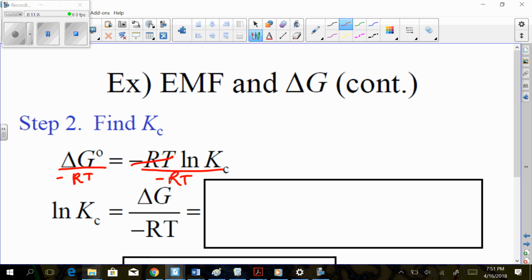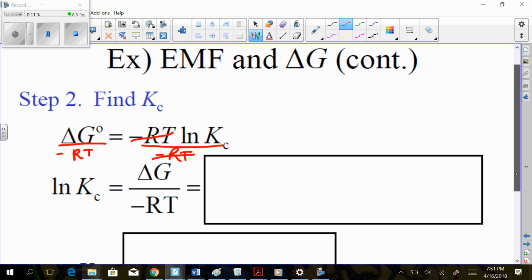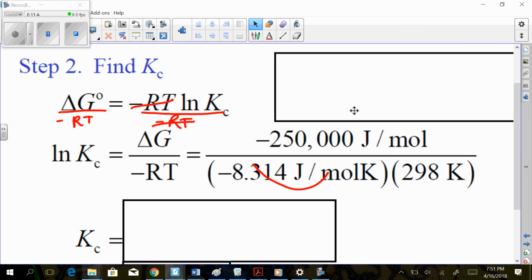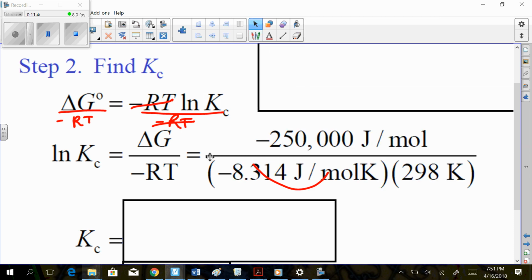Over here, negative RT cancels negative RT, and you get the natural log of K. So we have that right there, and then you have delta G over negative RT. If we start plugging in numbers that we know, we have negative 250,000 joules.